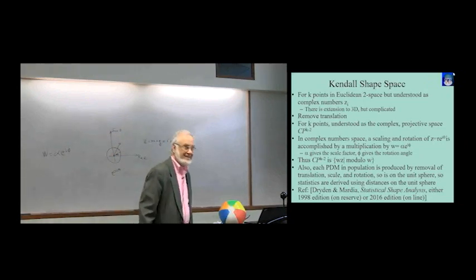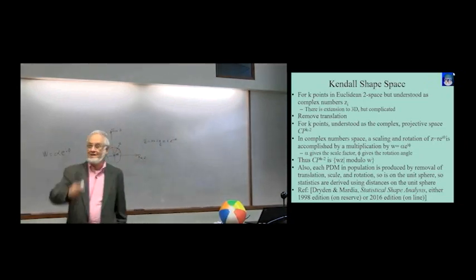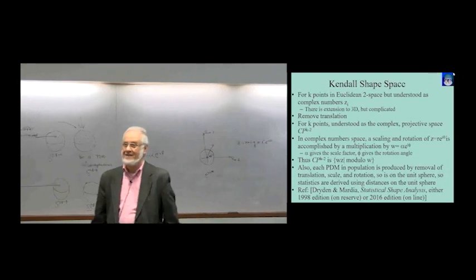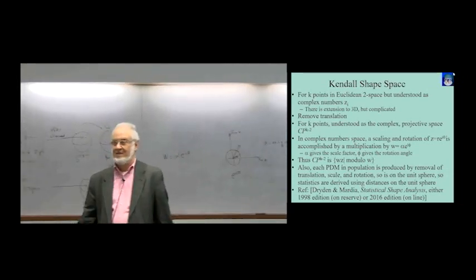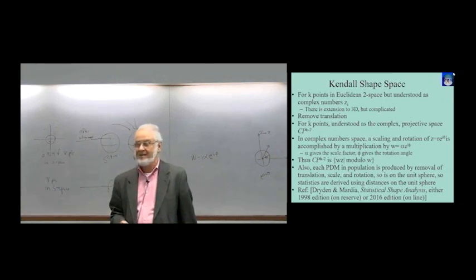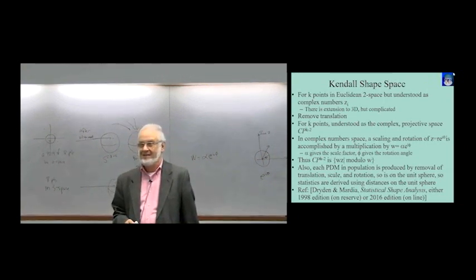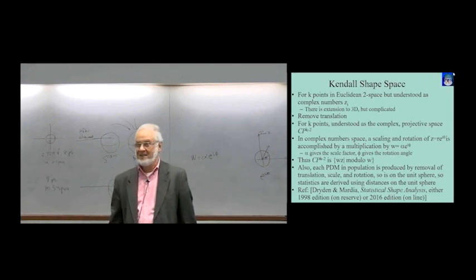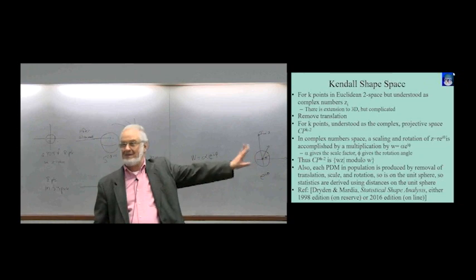Oh, I see. My question: shouldn't it be CP k minus 1? Because really, when you take that equivalence class, the alpha and phi only constitute a single complex number. Yeah, but it's two. Then why don't you call it CP 2k minus 2? I don't know. Okay, never mind.